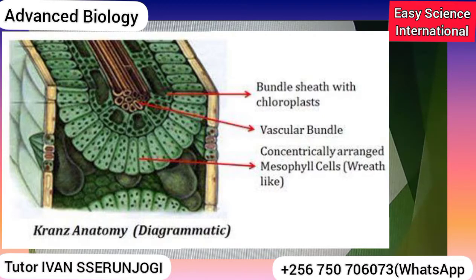So when we look at the internal structure of the leaf of a C4 plant, you see that the bundle sheath cells are a bit circular as opposed to the mesophyll palisade cells, which are cylindrical.